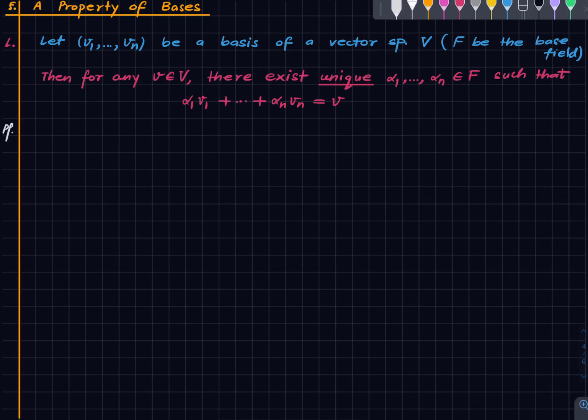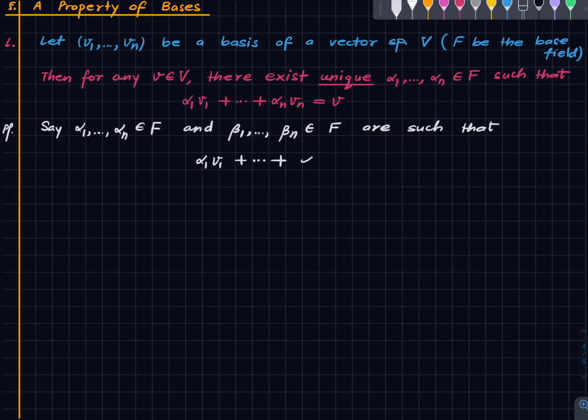So existence is clear, and we will not spend any time on existence. Let me just directly prove uniqueness. What do we need to prove uniqueness? So say alpha 1 up to alpha n and beta 1 up to beta n are such that the corresponding linear combination is the vector v in both cases.